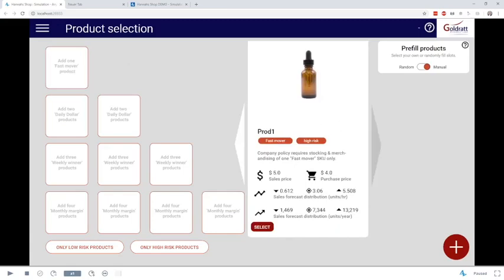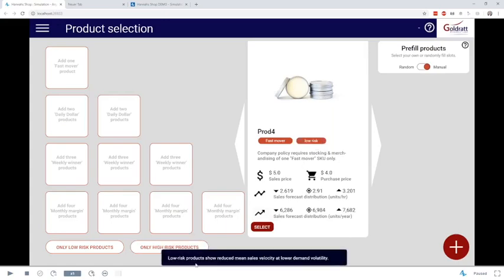If you click on one of those slots, you can go through the different fast mover products and see their specific characteristics. For example, this is a low risk product and we expect it to sell a mean of about 7,000 a year, but it has a very small fluctuation or volatility.